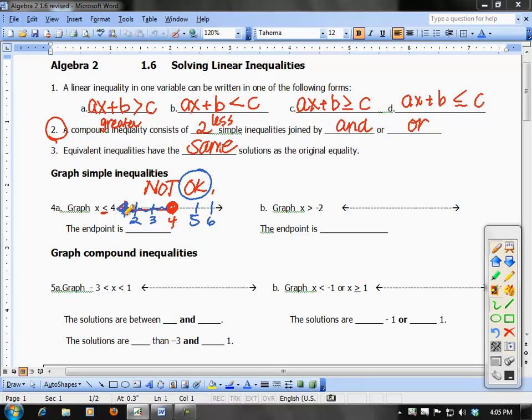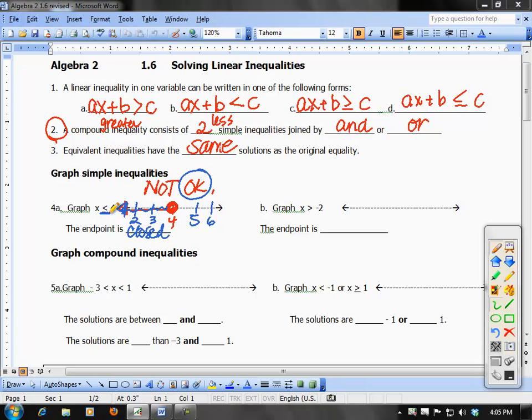So you legitimately have to put more numbers than just the one or two or three that they give you. Now in this case, the endpoint is what we call a closed circle, and I didn't write it quite on the line because of my numbers. The reason it's closed is that it's or equal to. So anytime you have an equal to inequality, you close your circle.